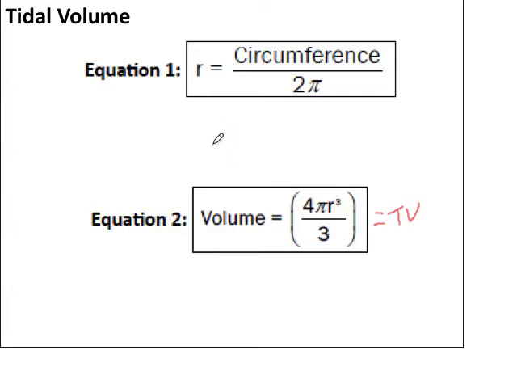So to compute your minute ventilation, you're going to have your tidal volume multiplied by your ventilation rate. Okay. So tidal volume is going to be in liters per breath.